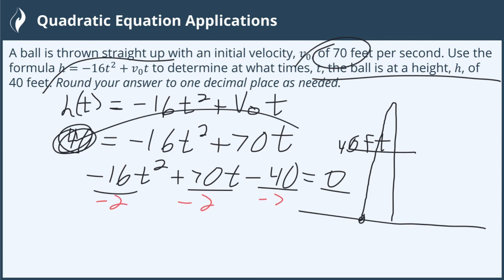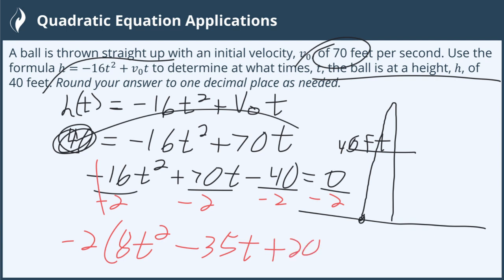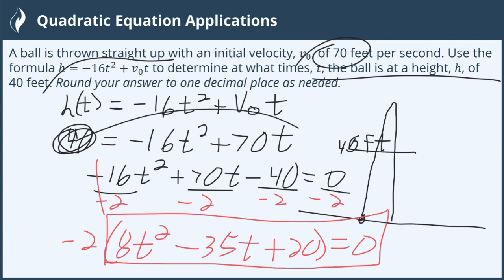If we take out a negative 2 factor, we're left with 8 t squared minus 35t plus 20 equals 0. Now, the negative 2 times 0 you can actually just throw away, but we're going to have to deal with factoring this right here. So I'm going to take it to the next page.